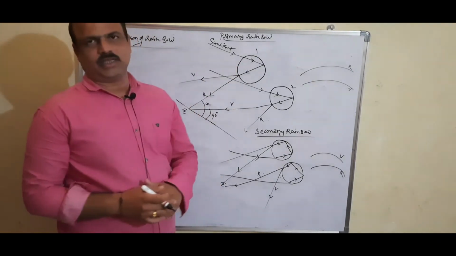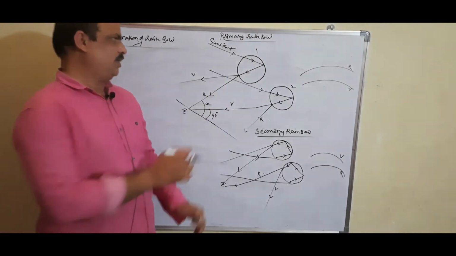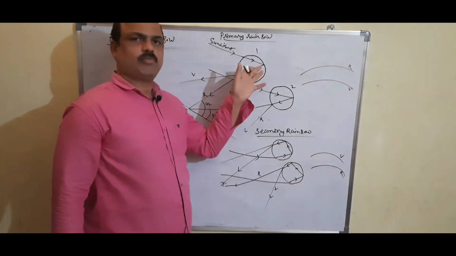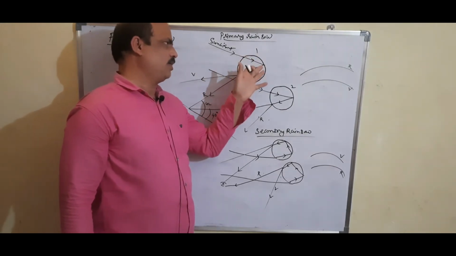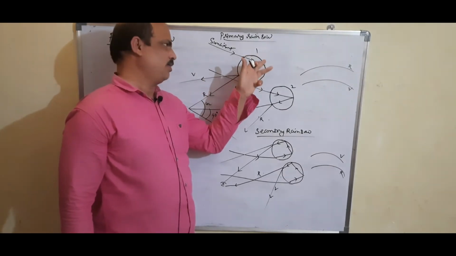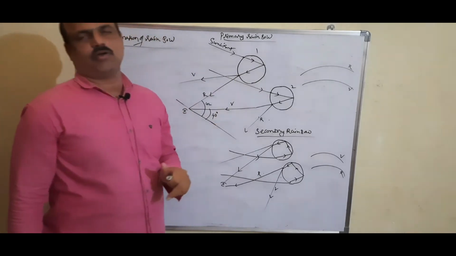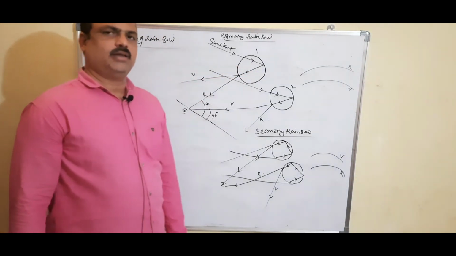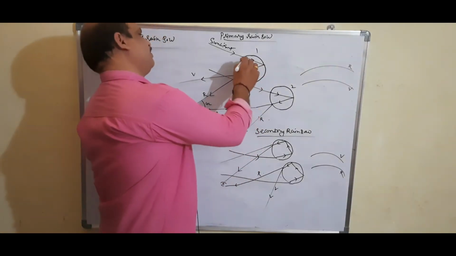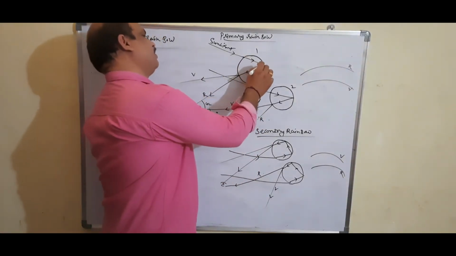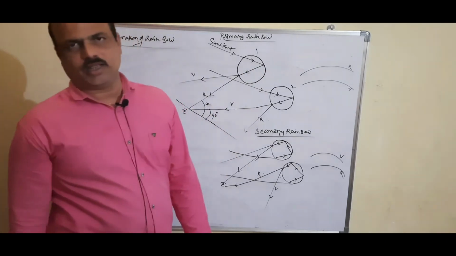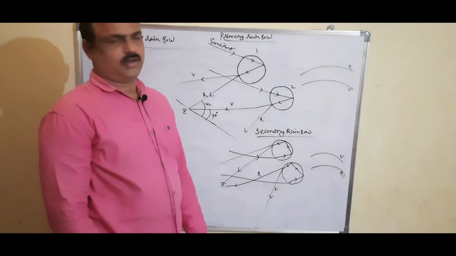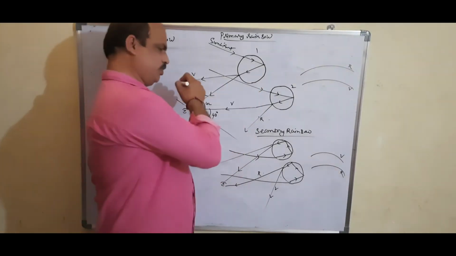Let us take one color. These colors are incident on the other end of the drop at an angle greater than the critical angle. So whenever these light rays are incident greater than the critical angle, these colors are again reflected and they emerge out.